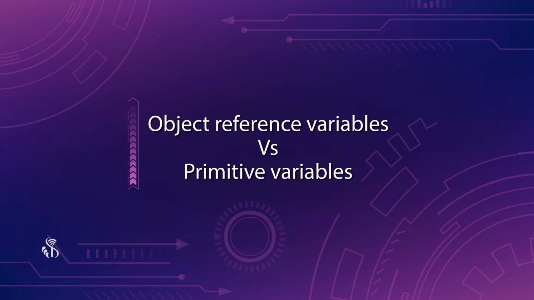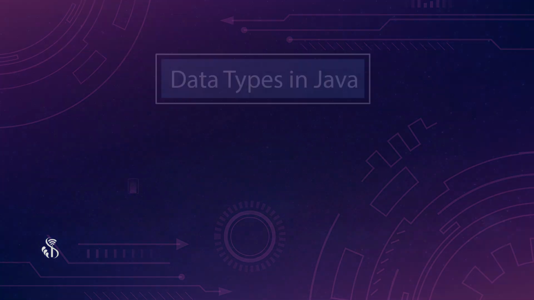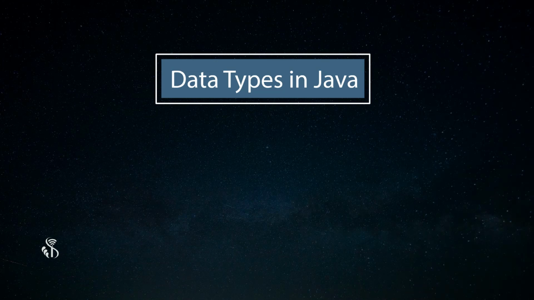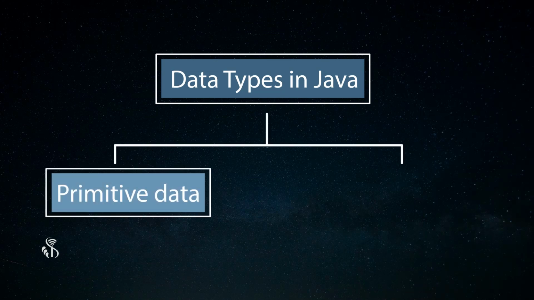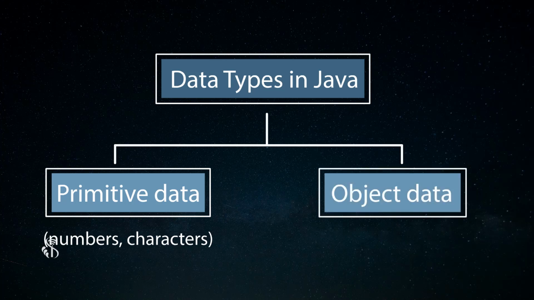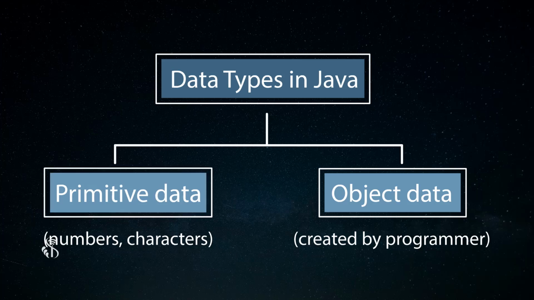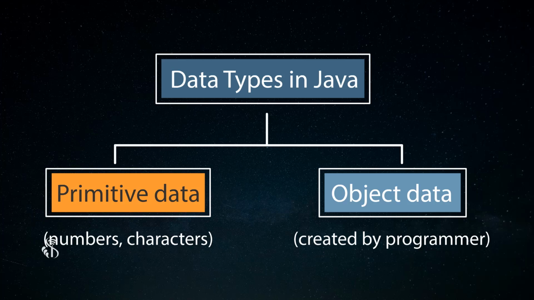Differentiate between the object reference variables and primitive variables. There are two data types in Java: primitive data, which is numbers and characters, and object data, which is created by the programmer. Let us first understand what the primitive, simple or elemental type variables are in detail before differentiating them from the object reference variables.